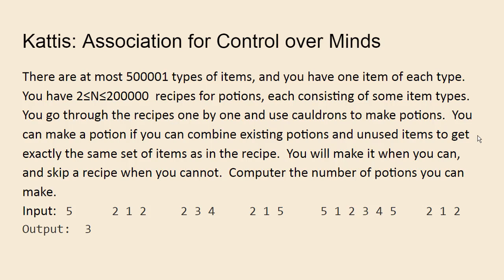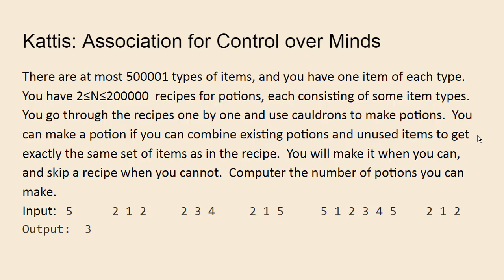So the problem description: there are at most 500,001 types of items. The item types go from 0 to 500,000, and you have one item of each type, and you have n recipes for potions.